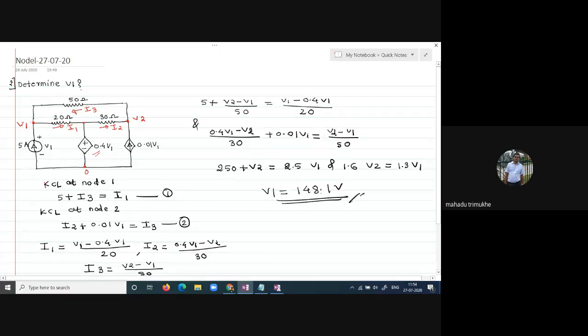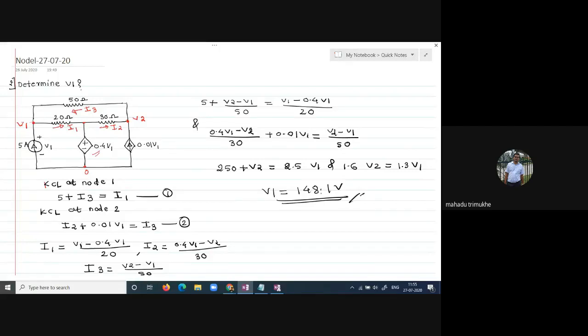Okay, these are the steps to solve nodal analysis. Just keep in mind the steps for solving nodal analysis. Step number 1 is what? We locate all possible nodes. We select one as the reference node. Identify the independent nodes. Assign a voltage variable to each independent node.